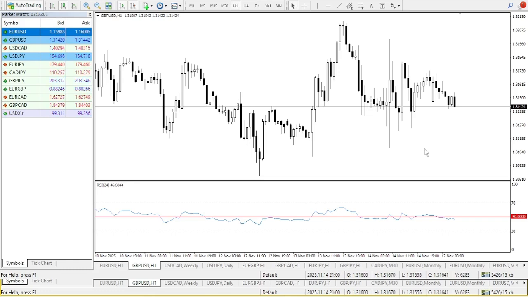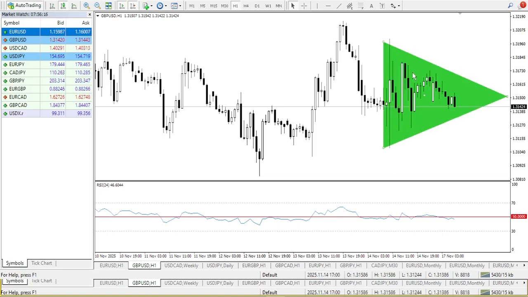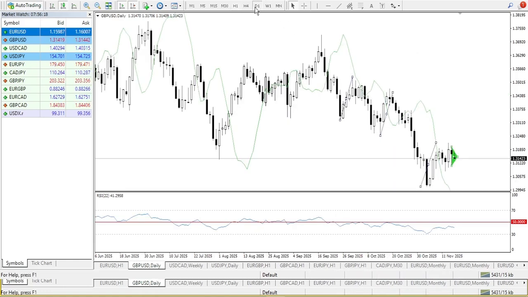So this is my total observation, and I am going to scalp GBP USD as long as it stays inside this high wave pattern. And if I see a break to the upside, the break of the triangle, then I will go for a swing trade. And if we get a chance to go for the swing trade, then this must break the upper border of the current price action.